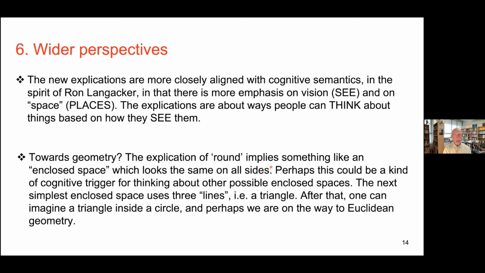I just wonder, and we have the sun in the sky and the moon, of course, which are constantly available to us as a kind of image. Maybe this kind of idea of round is a sort of cognitive trigger, or at least can be a kind of cognitive trigger for thinking about other possible enclosed spaces.